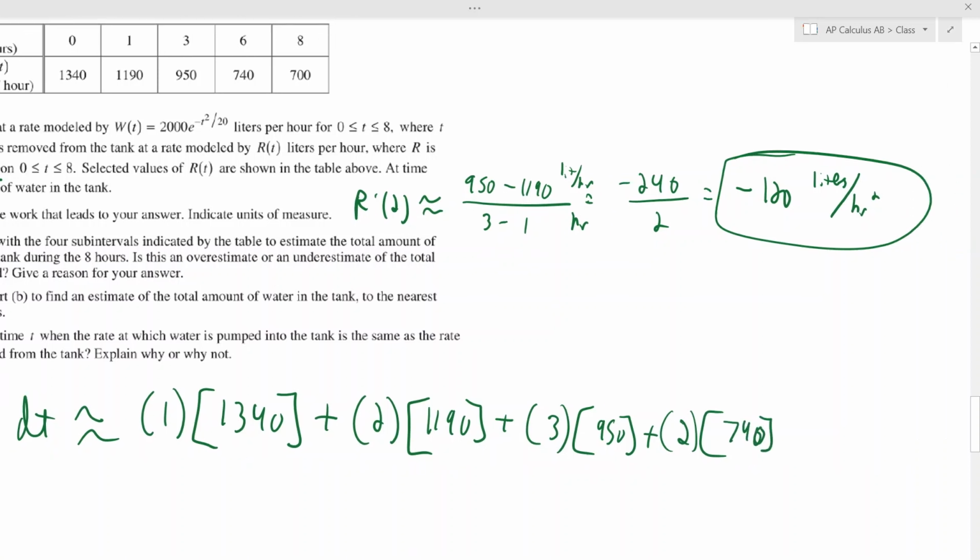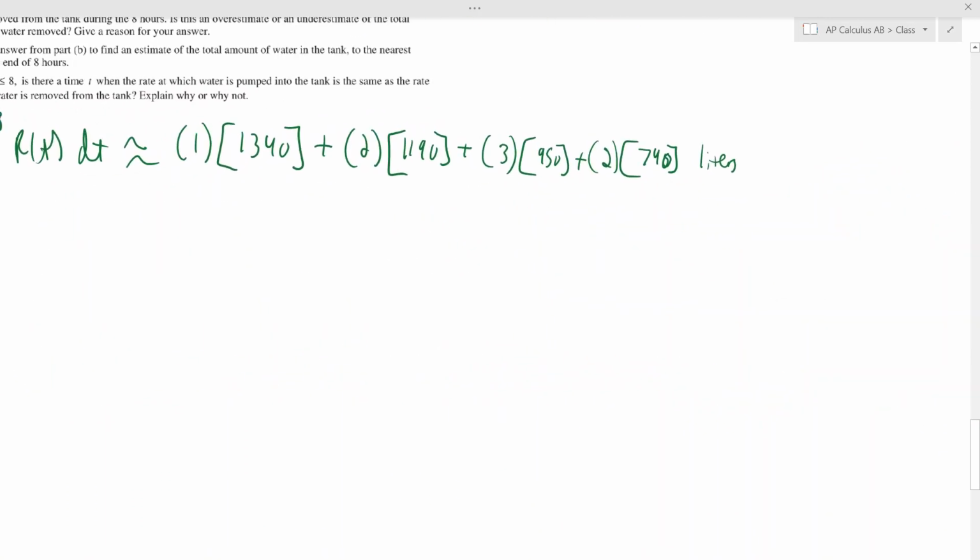We're going to leave that with liters at the end. That's how you do it. All done.